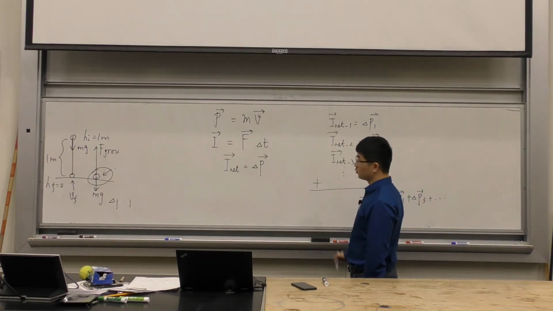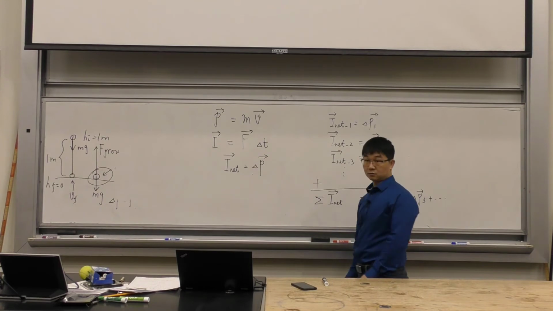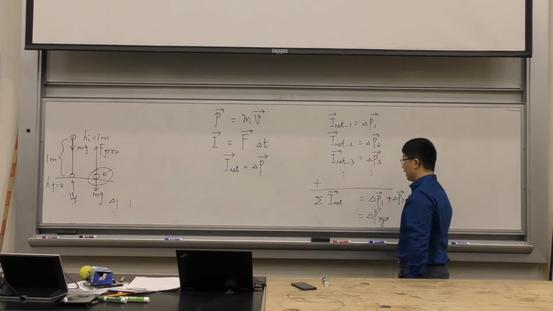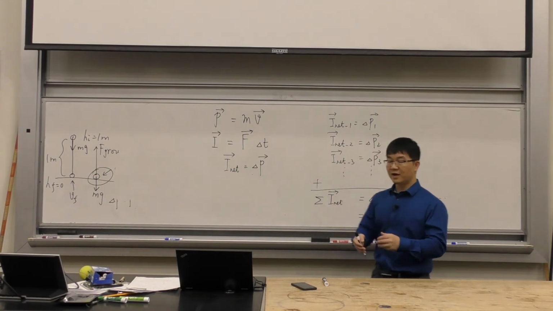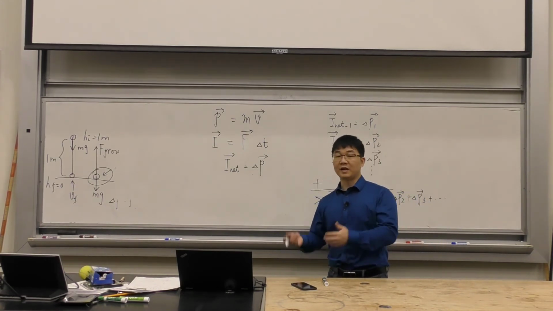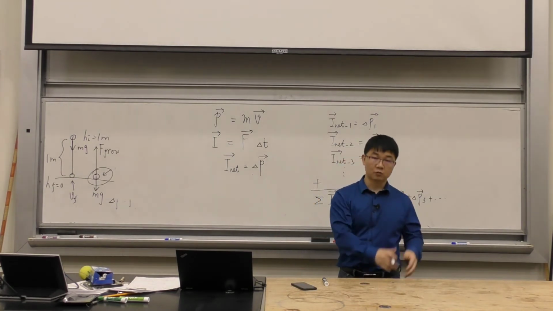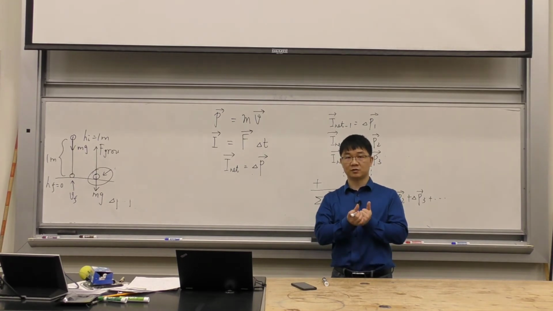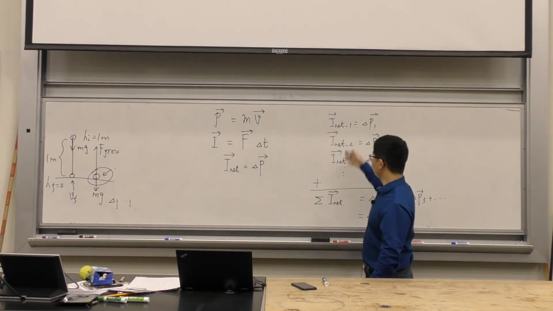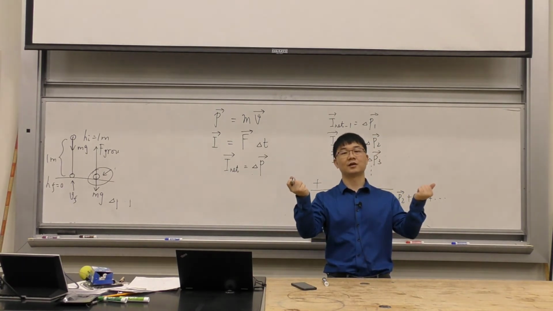Now the left-hand side, what do you get? You're going to get the sum of all these net impulses for every object. And if you add them together, the impulses between them, like object 1 may have a force on object 2, but at the same time, object 2 has an equal and opposite force on object 1. So if you add these two impulses together, you get two numbers in the opposite direction. But impulses are vectors. You add two numbers in the opposite direction, they cancel out.